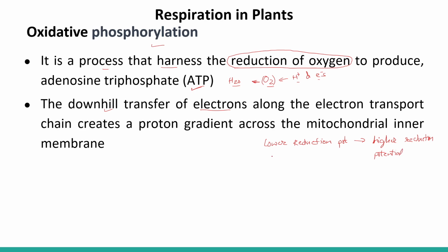Or you can also say from lower redox potential to higher redox potential. So there is a downhill transfer of electrons along the electron transport chain, and this creates a proton gradient across the mitochondrial inner membrane.